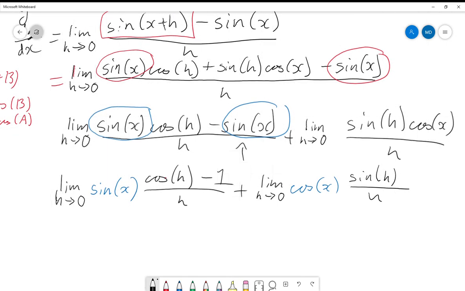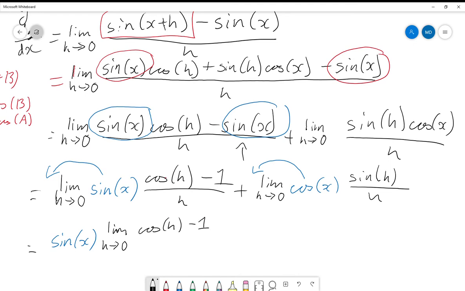And now, notice these blue terms actually don't involve h at all. So because they don't involve h at all, we can take them entirely out of the limit. And so we're left with sine of x, and of course this is all equal to our original derivative, multiplied by the limit as h tends to 0 of cosine of h minus 1 over h plus cosine of x times the limit as h tends to 0 of sine of h over h.